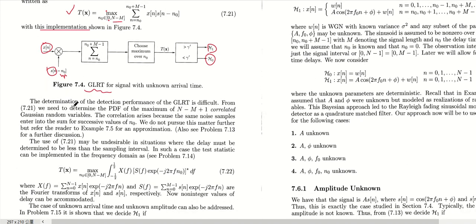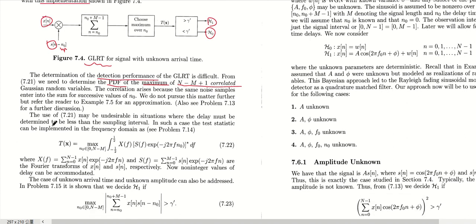The determination of the detection performance of the GLRT is difficult. We need to determine the PDF of the maximum of the correlated Gaussian random variables. The correlation arises because the same noise samples enter into the sum for successive values of n0. We do not pursue this method further, but refer to the example.